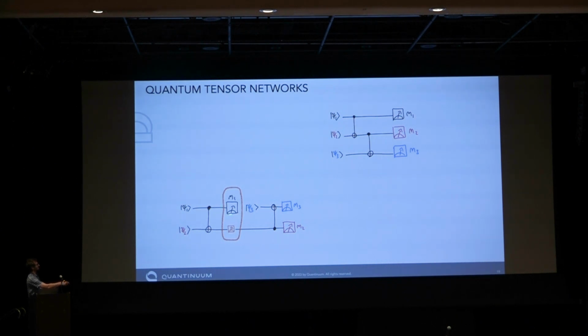But if you move the measurement earlier in time into this circuit, and now you have some crosstalk where you accidentally measure this qubit down here, that error is going to get propagated to this gate and screw up these outcomes, right? So the equivalence of these 2 circuits is only true if this measurement is truly ideal, in the sense that you don't accidentally measure any other qubits in the circuit. So this low crosstalk is really responsible for the ability to make this equivalence and do this kind of qubit compression.